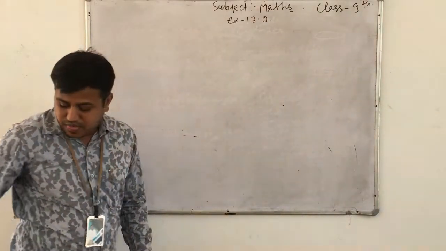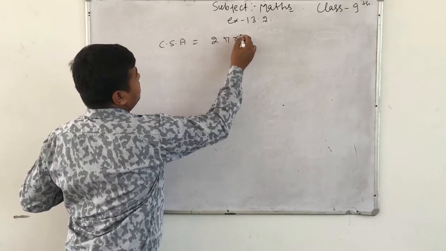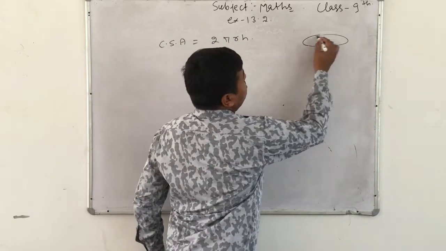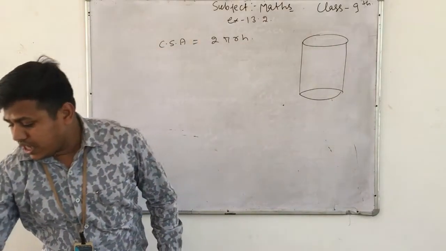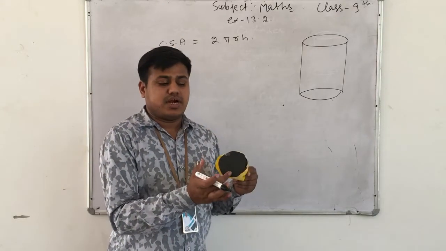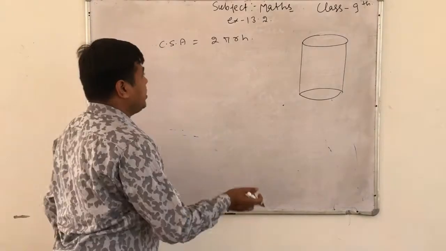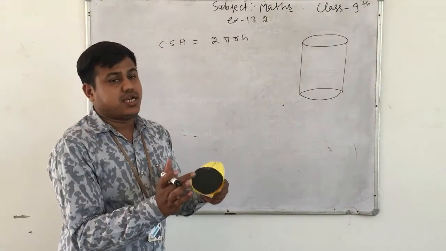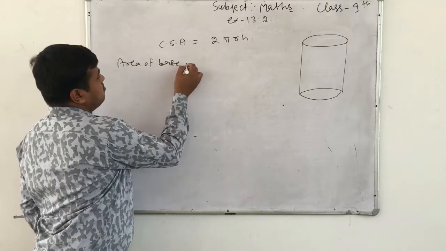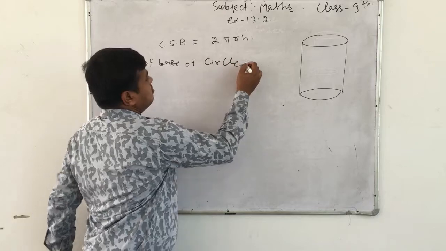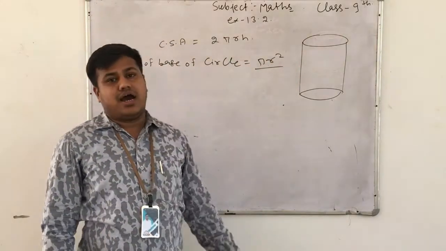We have discussed that the curved surface area is 2 pi r h, and the base part is a circle with radius r. The area of the base circle, as we discussed in earlier classes, is pi r square.